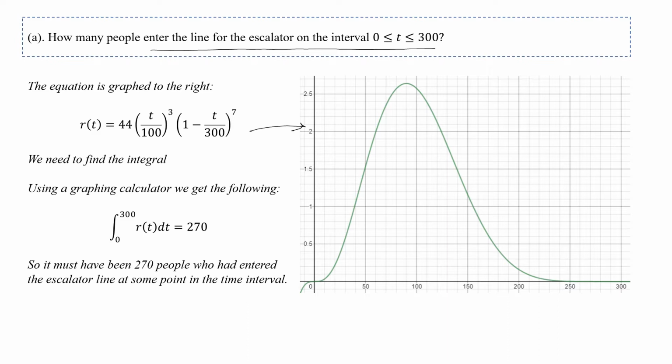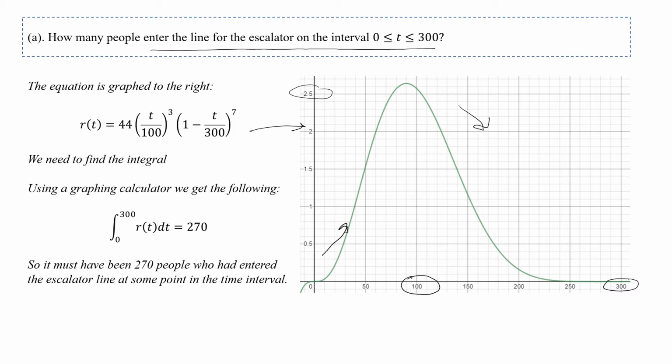You'll notice that it begins slowly and then shoots up, because the number of people entering the escalator increases over time. At about 100 or so, it tops out at about 2.5 people per second, and then after that it goes back down. And by 300 seconds, there's nobody entering the escalator anymore.